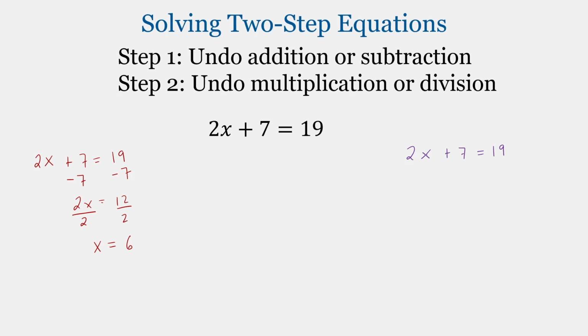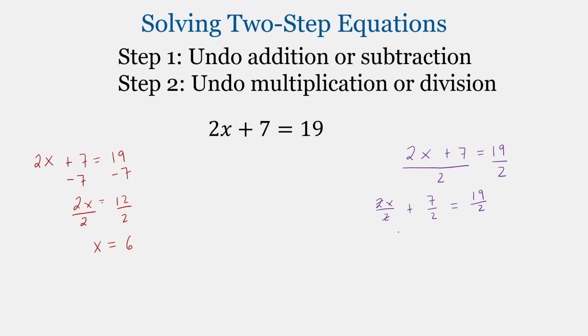So we have x multiplied by 2. That means we're going to need to divide both sides by 2. Let's go ahead and rewrite this left side. So we have 2x divided by 2 plus 7 over 2. And notice we're now introducing fractions into this equation.